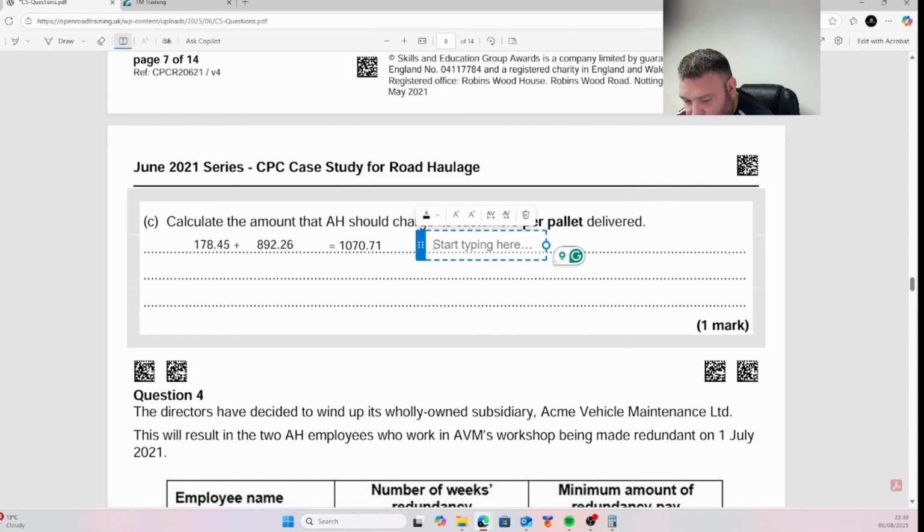So £1,070.71 divided by 41 gives us a figure of £26.11487 and so on.